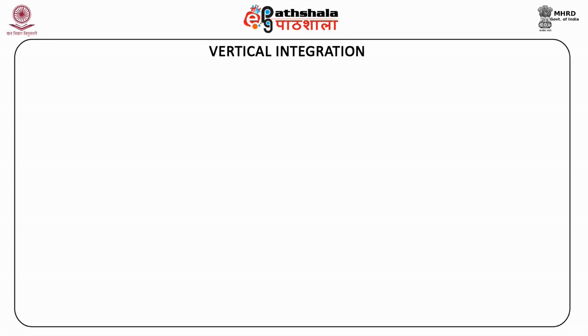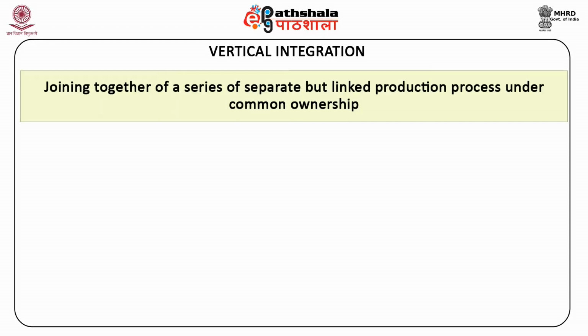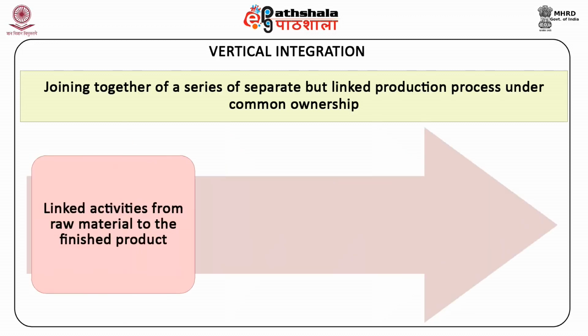Vertical integration refers to joining together of a series of separate but linked production processes under common ownership. This strategy is used by the firms to alter both boundary as well as size of the firm. Production of goods involves a series of linked activities from raw materials to the finished product.